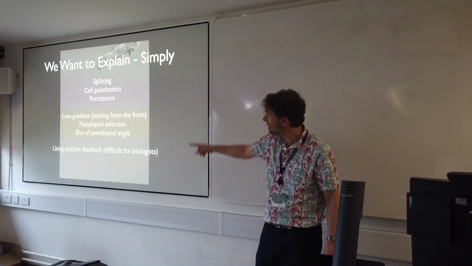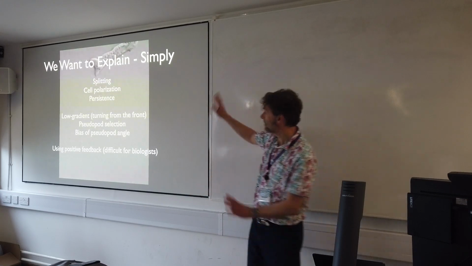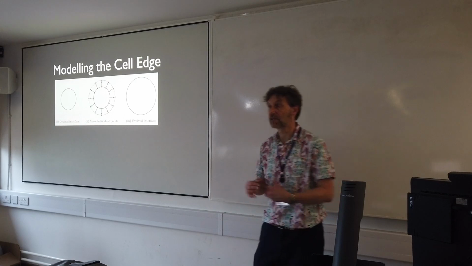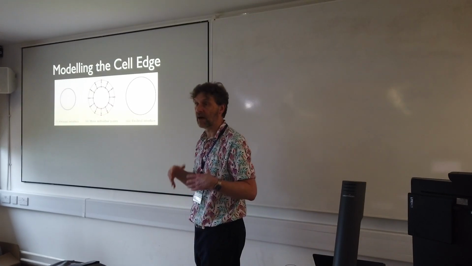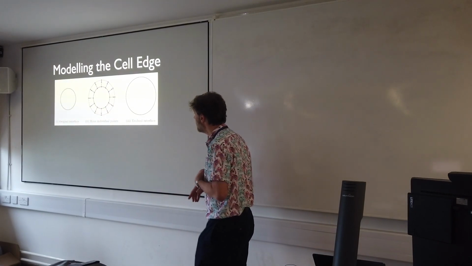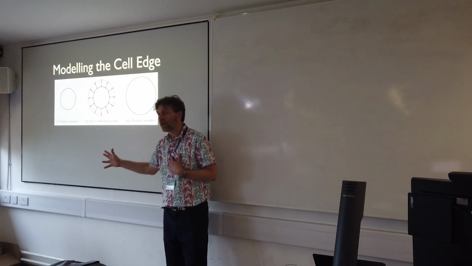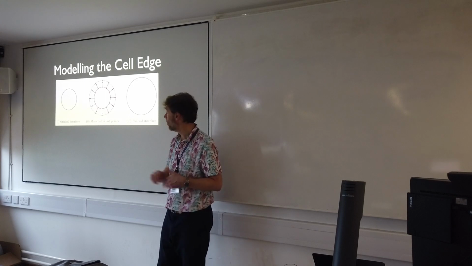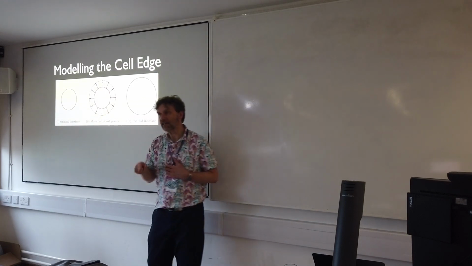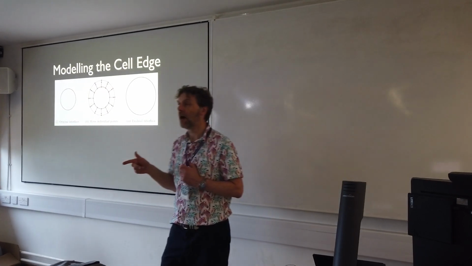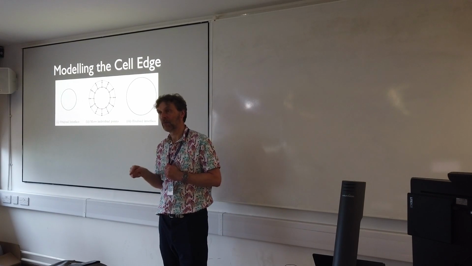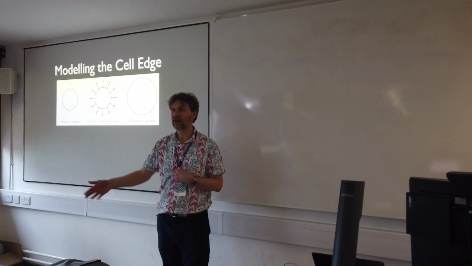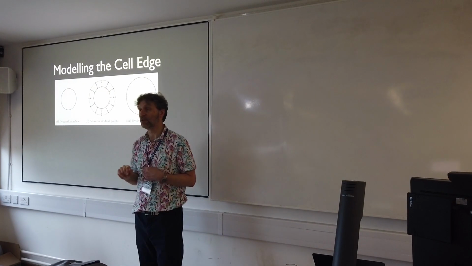There's a great list of phenomena that people try and explain. I'm not going to do those today. I'm just going to show you a little bit of modelling and how well we can do it. So, in order to model those cells that I've shown you before, we just model the edge. And it turns out later on that actually just modeling the edge will do fine.